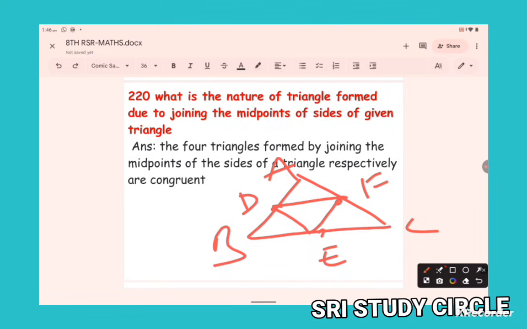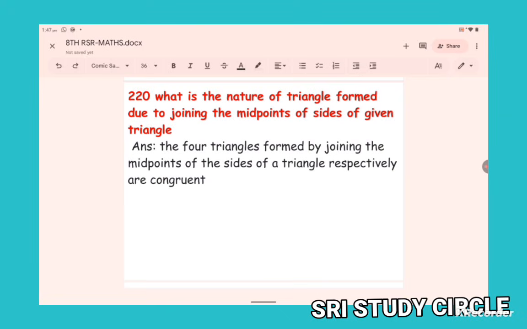The four triangles formed by joining the midpoints of the sides of a triangle are congruent, right?